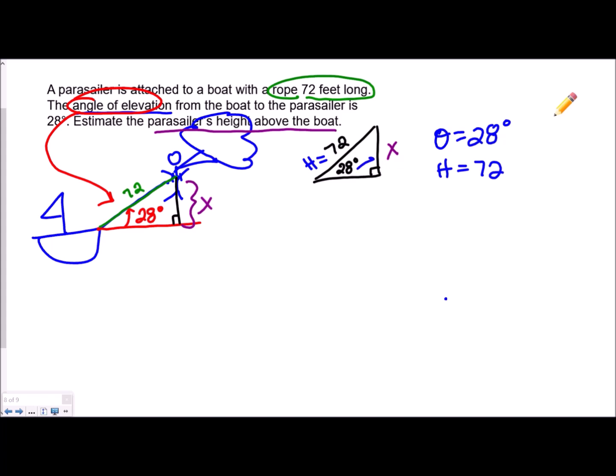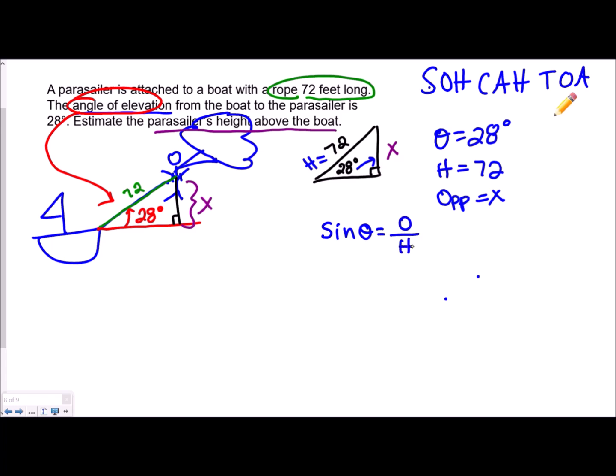And what we're trying to find is the side opposite the angle. Okay, SOHCAHTOA tells us that if I'm talking about opposite and hypotenuse, then I'm talking about sine. Okay, sine of theta is opposite over hypotenuse.